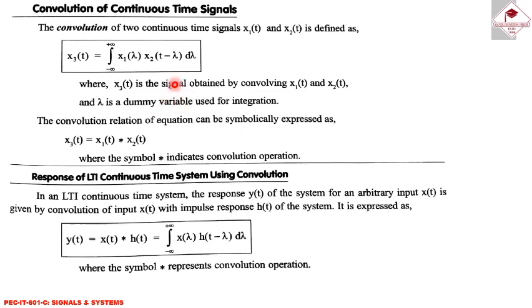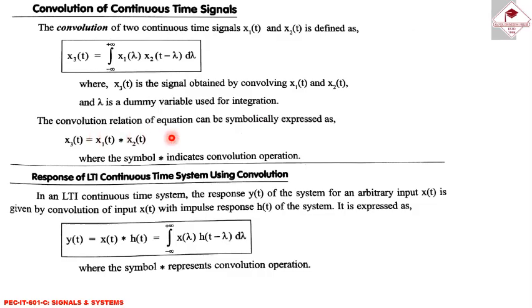Next is the definition of convolution of continuous time signals. The convolution of two continuous time signals x1(t) and x2(t) is defined as x3(t) equals the integral from minus infinity to plus infinity of x1(lambda) x2(t minus lambda) d lambda, where x3(t) is the signal obtained by convolving x1(t) and x2(t), and lambda is the dummy variable used for integration.